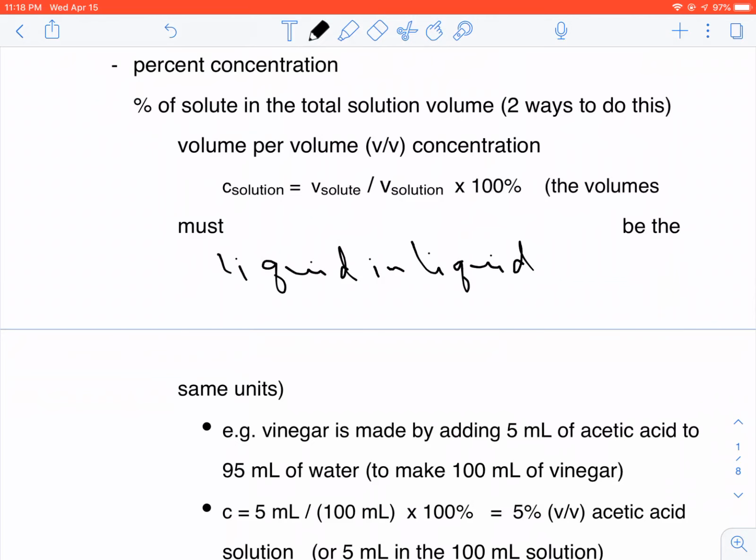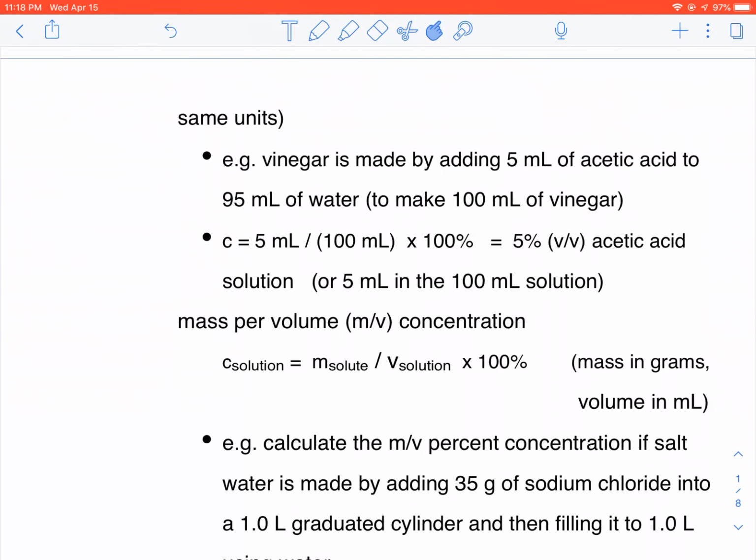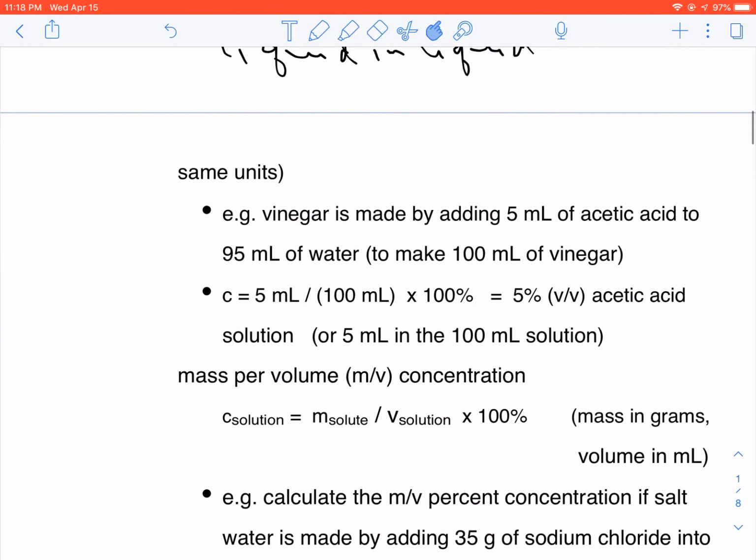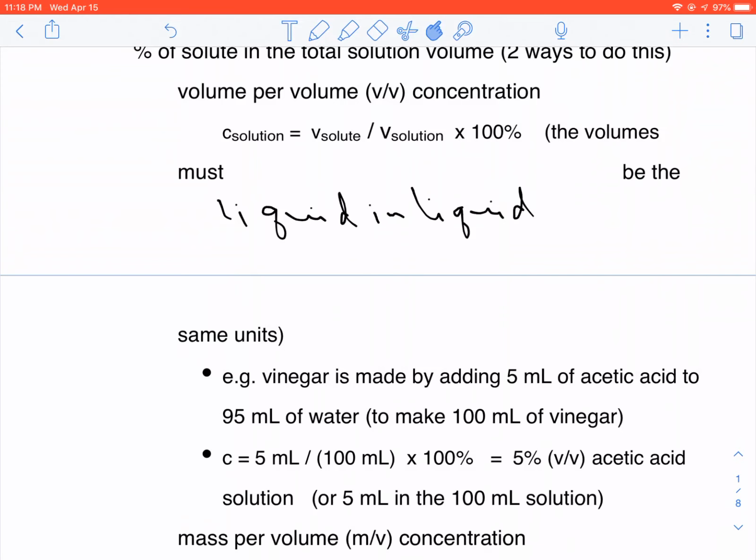Now, the unit will be a percent, because it's basically going to tell me how much of that solution is that particular chemical. If I look at some other chemicals, we often talk about a different type of concentration, where that one was called volume per volume, or V over V concentration. This one is called mass over volume concentration.